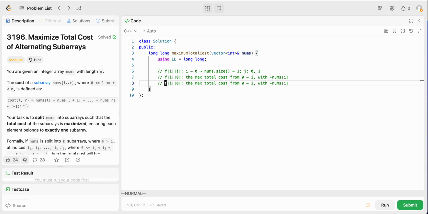And f[i][1] is the maximum cost from 0 to i again, but with a minus sign for nums i.